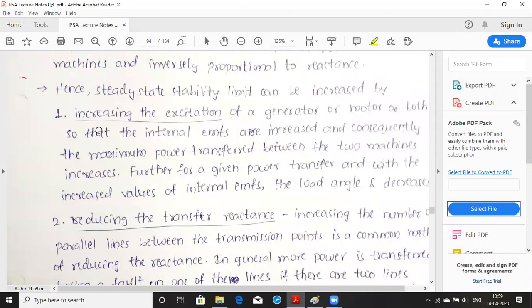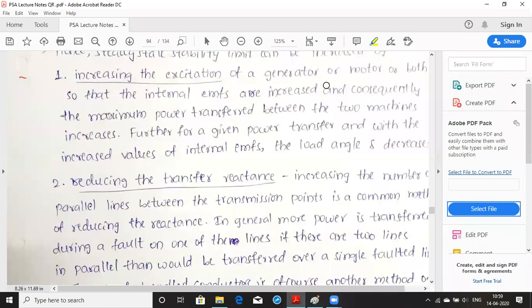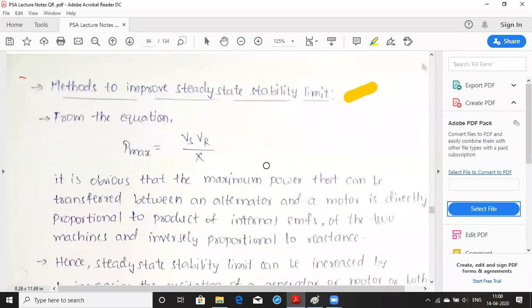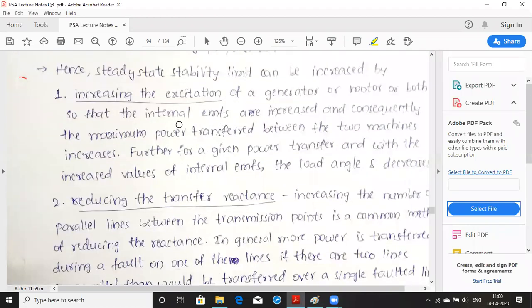So steady state stability can be increased by increasing the excitation of a machine, because usually the generator will have excitation techniques, right? Because it is a double excited machine, it will have that technique. So whenever the excitation is increased, the power transfer will also increase. So one method is to increase the excitation of a synchronous machine so that the internal EMFs will increase.